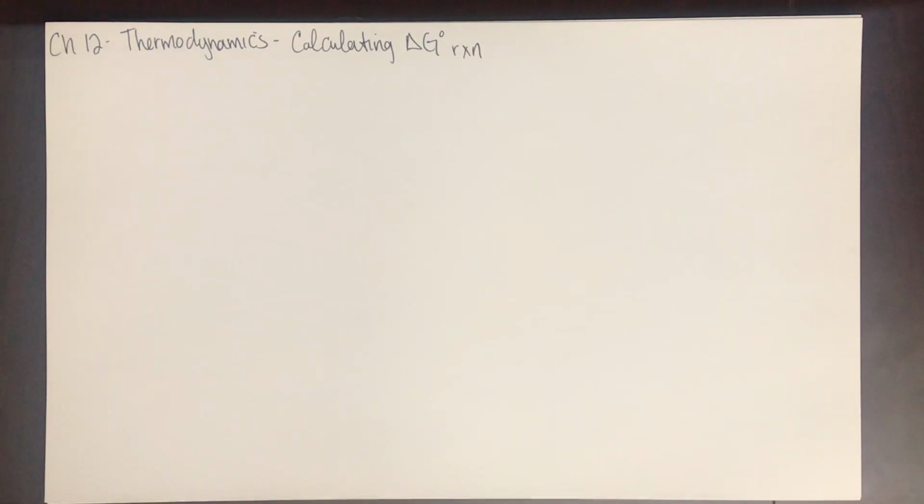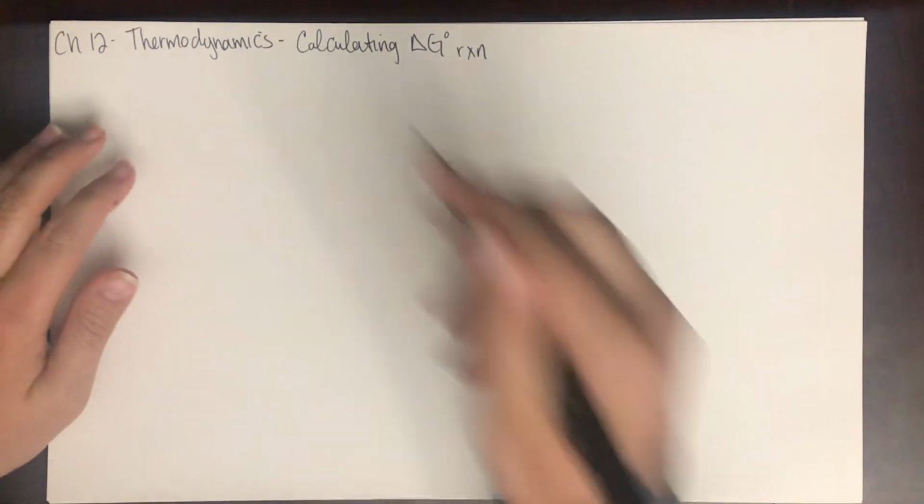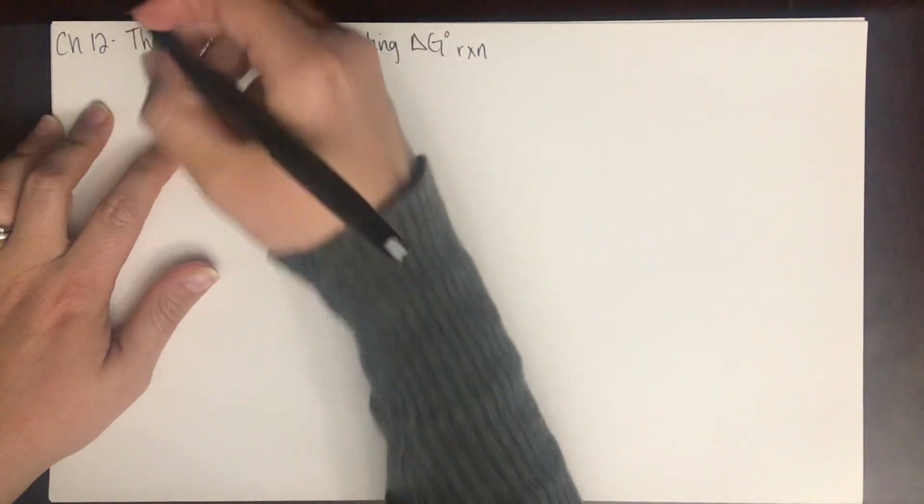Another way to calculate the standard free energy of the reaction is if you're given the standard free energies of formation of everything in the chemical reaction. So let's use the same chemical reaction that we've been looking at, the oxidation of ethyl alcohol.